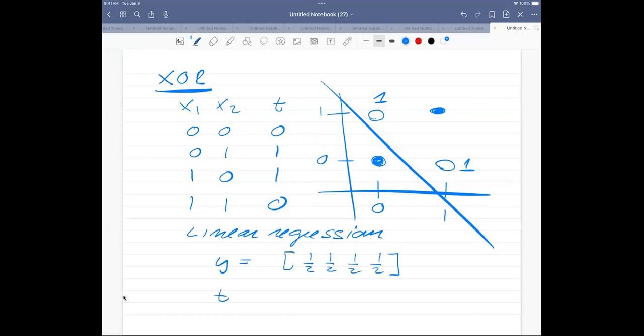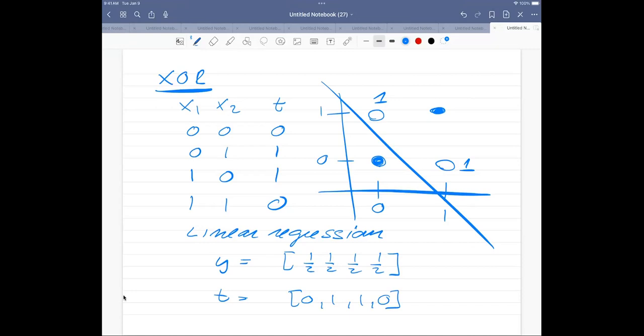Whereas what you want is 0, 1, 1, and 0. So you see that fitting this with a linear function doesn't do the job.